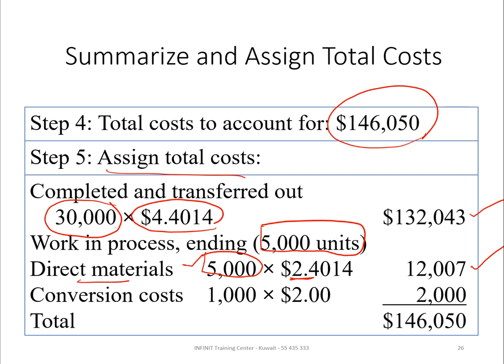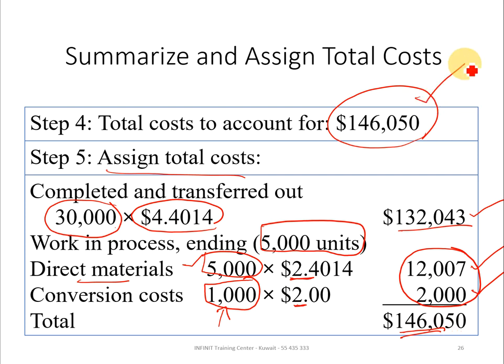It is still with us. It is not transferred out. Why? Because the work is not completed. Only 20% of the work is completed. That is why here EUP is 1,000. And we know the per unit cost of EUP is $2, and this is 2,000. So 132,000 has gone out, this 14,000 is still with us, and the total cost is 146,000, right?